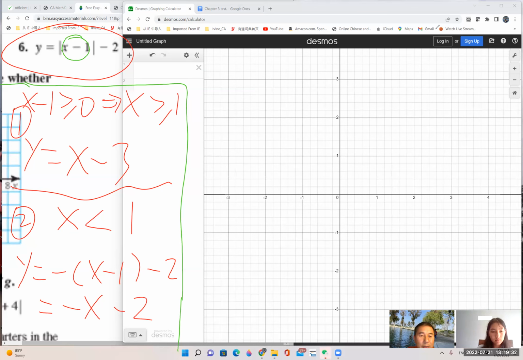If it's x minus. No. Why did you mark this point? Tell me. You should find the method. We mentioned it just 1 minute before, right?